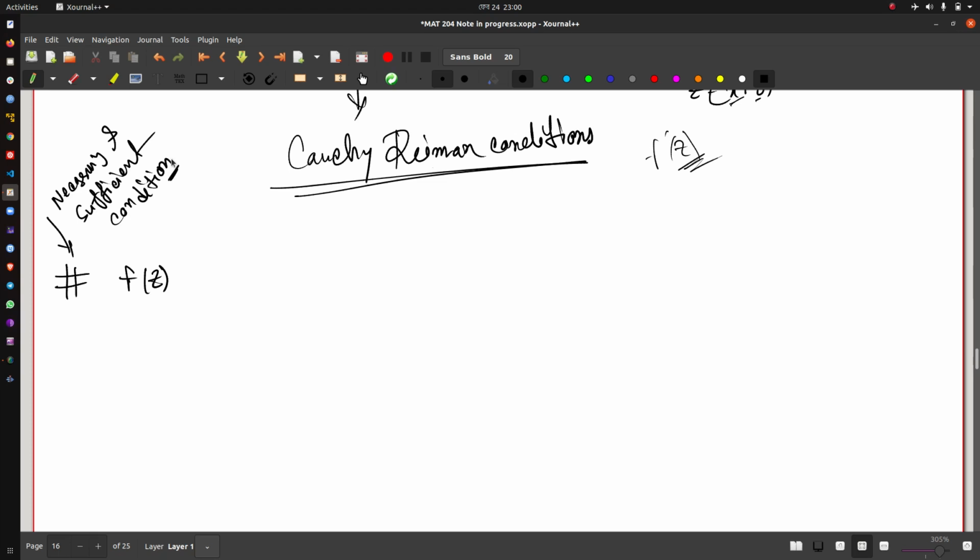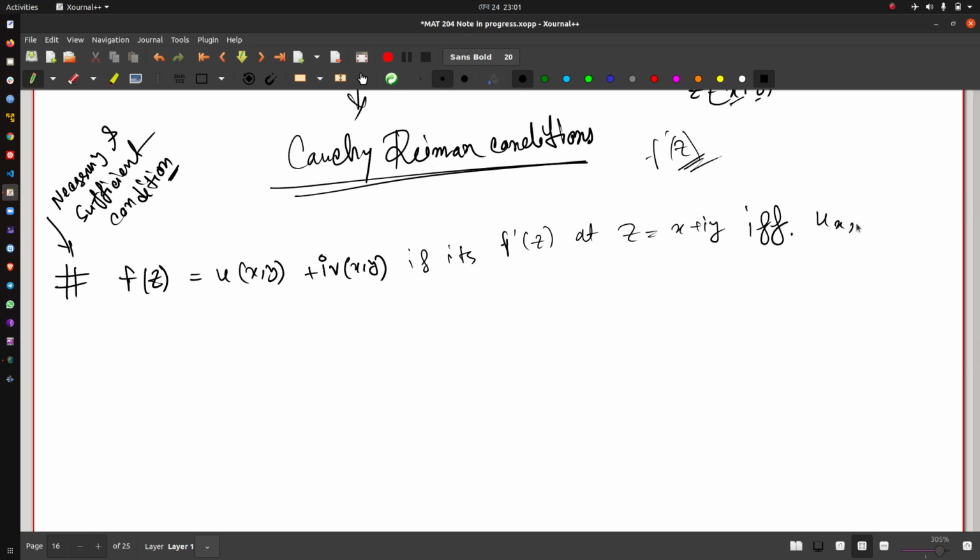The theorem tells you that if your function f of z, given by u plus i v of x, y, is differentiable, that means you can get some f prime of z at z equals some point, let's say x plus iy, in a region inside our complex plane, if and only if the partial derivatives, that means ux, uy, vx, vy, are continuous.